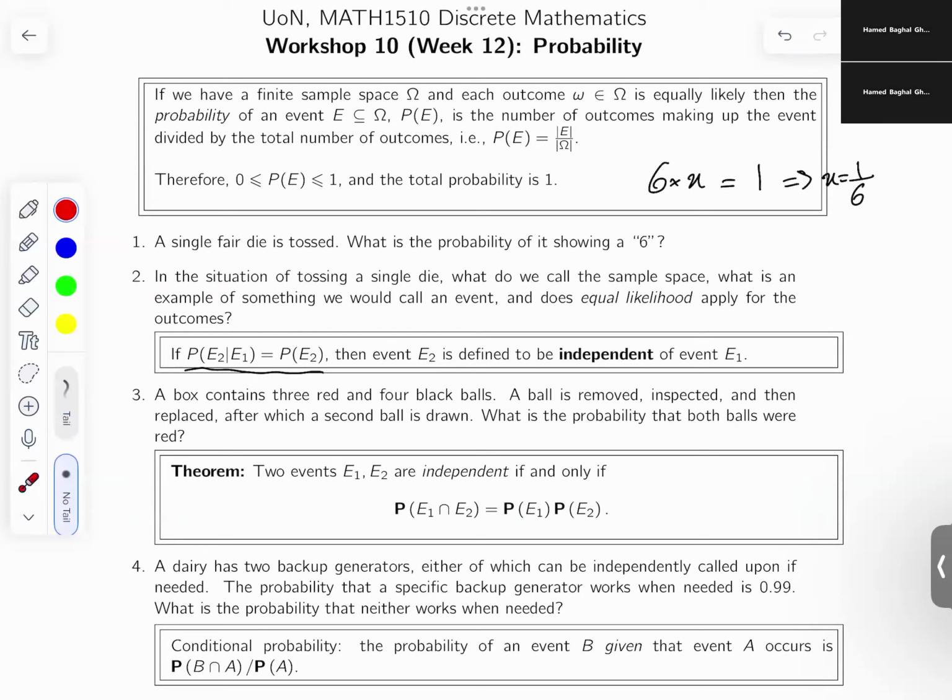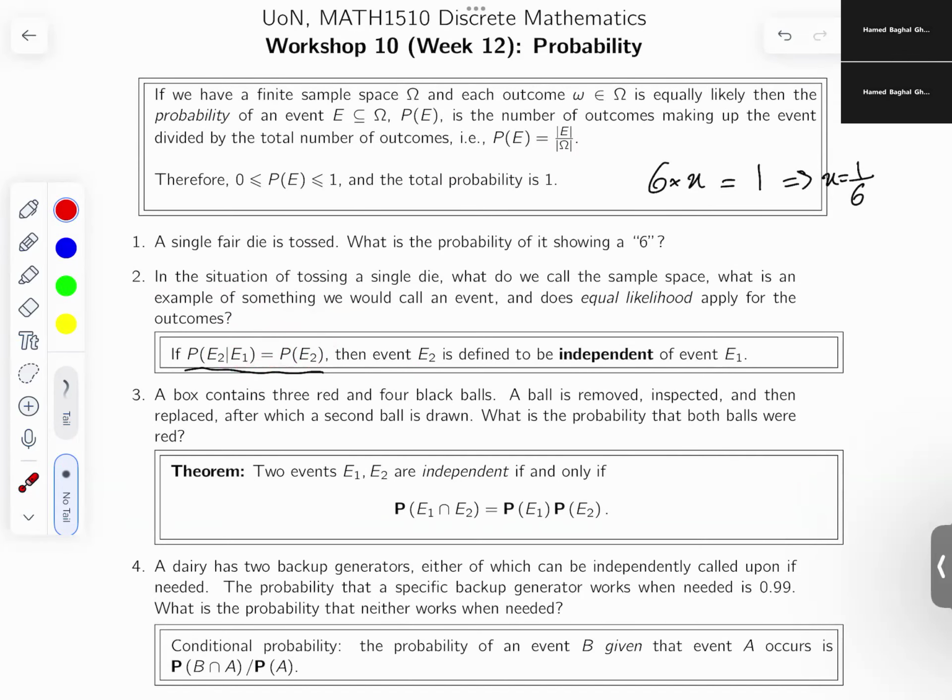So this means if we limit ourselves to the world E1, from the whole space, it is the same as E2. So limiting ourselves to the world E1 doesn't matter. It will be the same. So the probability of E2 does not depend on E1.